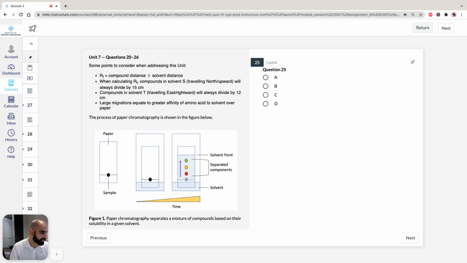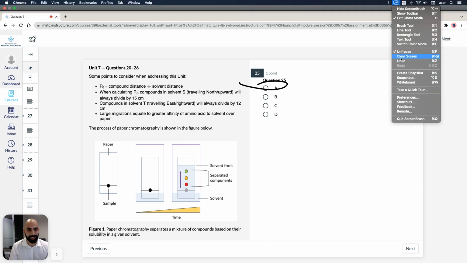So that's incorrect. So for question 25, comment 1 is correct and comment 2 is incorrect. Therefore the answer for 25 is going to be B.